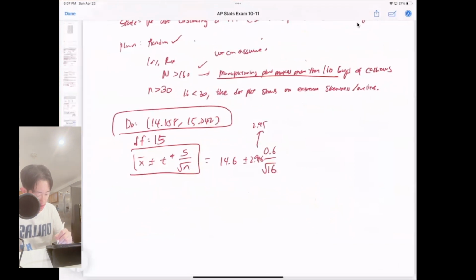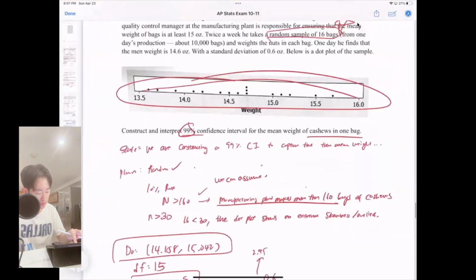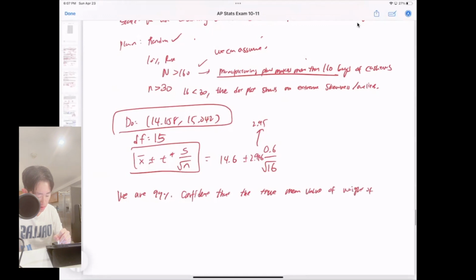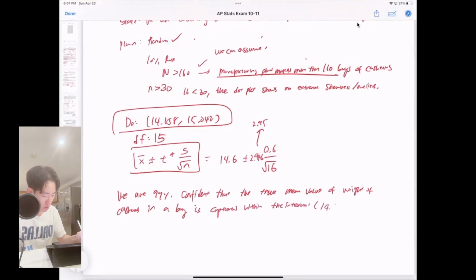And then for the last part, conclude: we are 99% confident that the true mean value of weight of cashews in a bag is captured within the interval 14.158, comma 15.042. And that should do it.